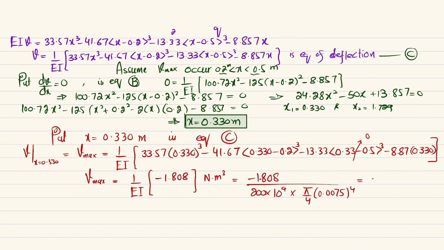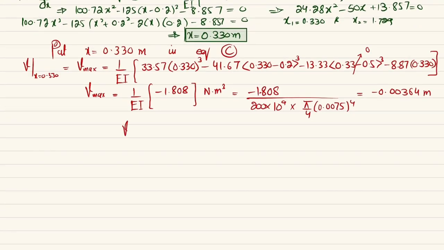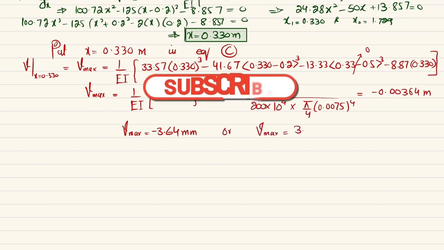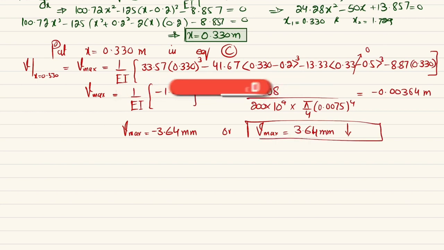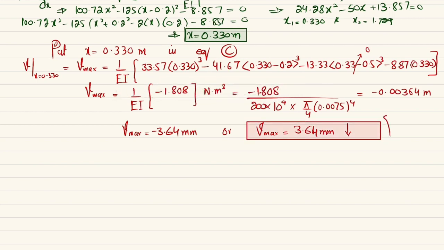When you solve this, you will get minus 0.00364 meter. So the maximum deflection is 3.64 millimeter, and this deflection is downward, which is the answer of this question.